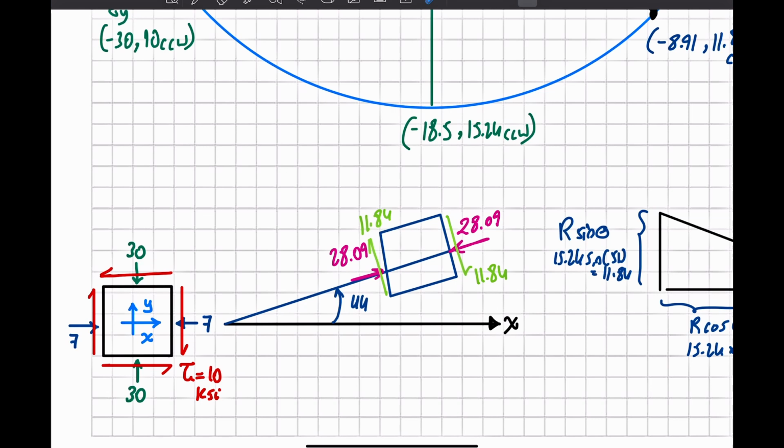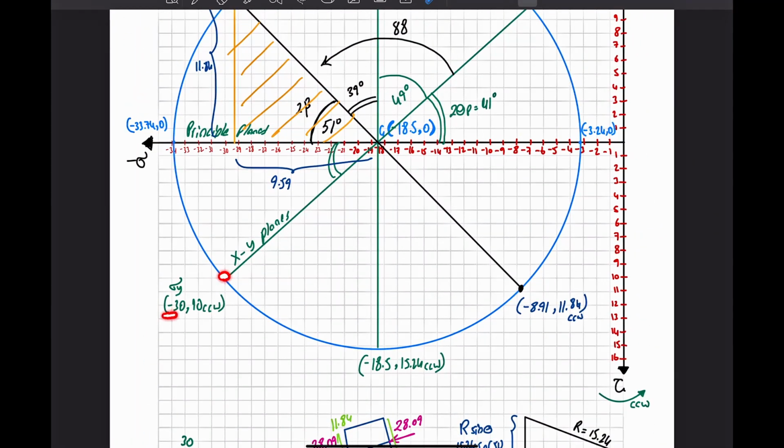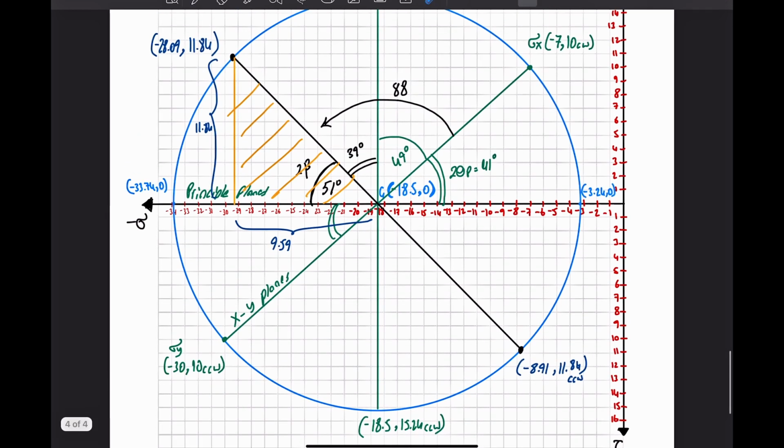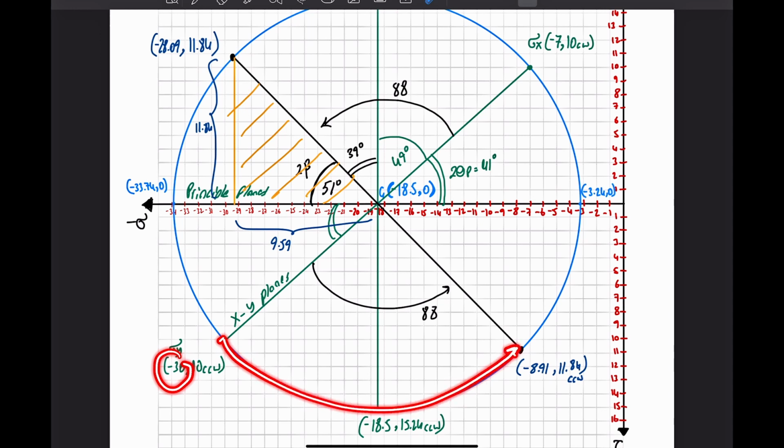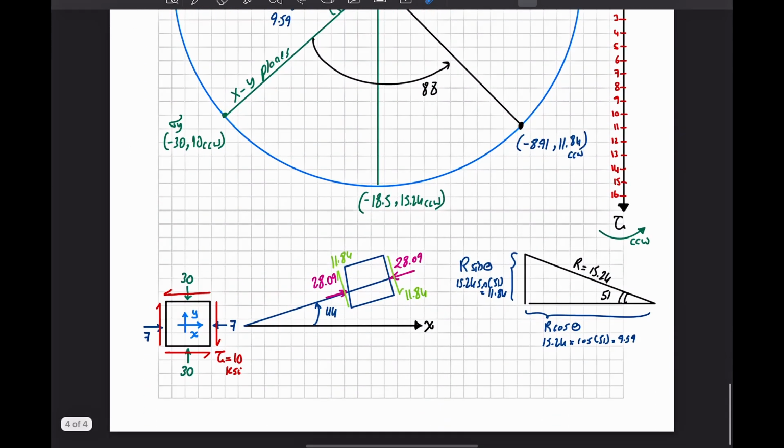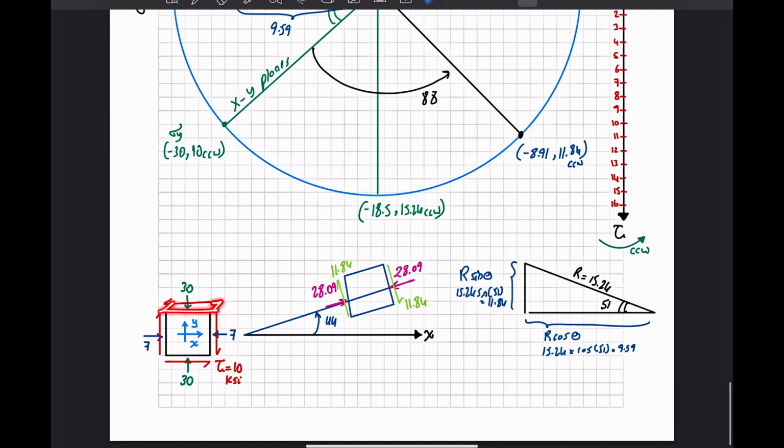Let's do the y. The y was -30 and goes to 8.9, because remember, if x rotated by 88, and since x and y are orthogonal, that means we are rotating also the y by 88. So we rotated the y from -30 to -8.91.